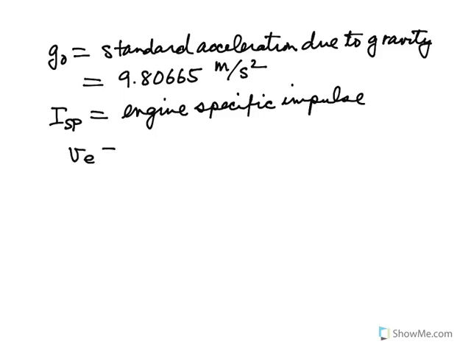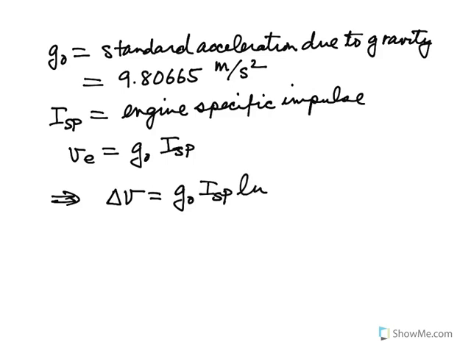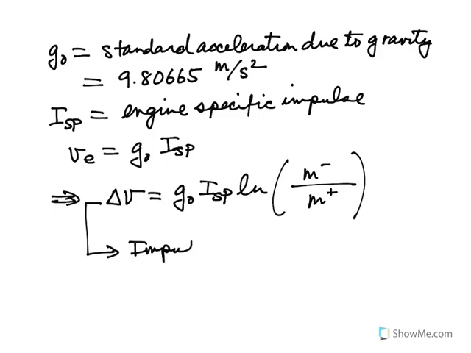So ve is equal to g0 times Isp, which implies that delta v is equal to g0 Isp times the natural log of m minus over m plus. And this is what's known as the impulsive thrust approximation.